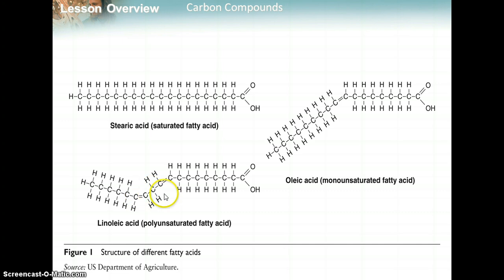Poly, we have more than one double bond, so it's unsaturated. Not every bond that carbon has available, besides the bond between the two carbons, is taken up by a hydrogen. That's why it's called unsaturated, and we have more than one, so it's polyunsaturated. Again, we have this kinky structure which allows it to be liquid at room temperature.